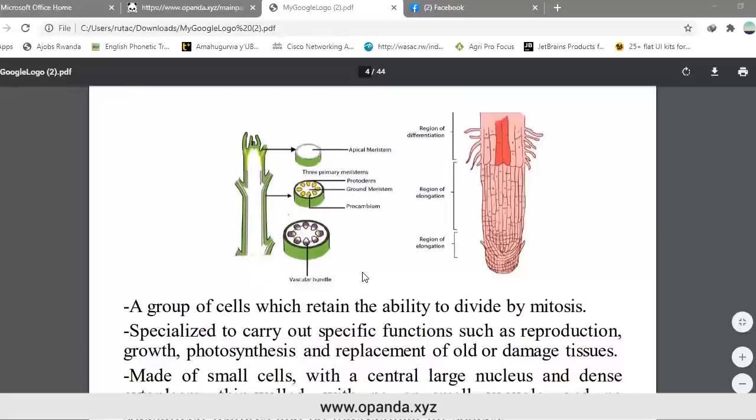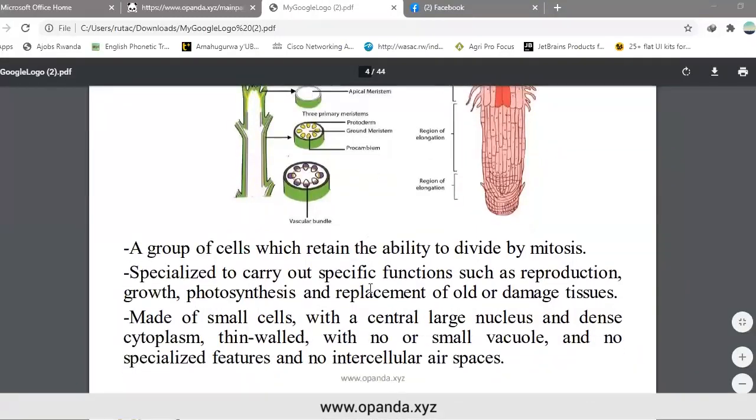Meristem tissues are a group of cells which retain the ability to divide by mitosis, specialized to carry out specific functions such as reproduction, growth, photosynthesis, and replacement of old or damaged tissues.